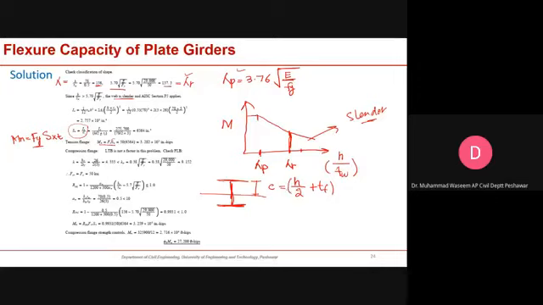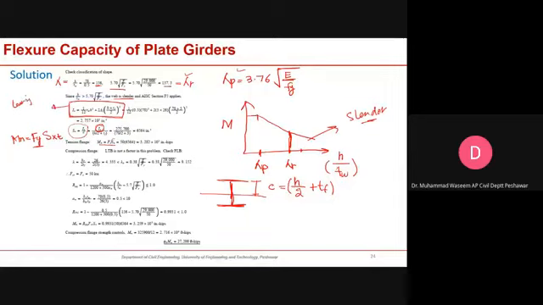You can plug this in here, and you need this Ix value, the moment of inertia. To get the moment of inertia for this wide flange section you can use this equation. It's your job; is everybody clear how to calculate the moment of inertia for this section? I'm leaving this to you.